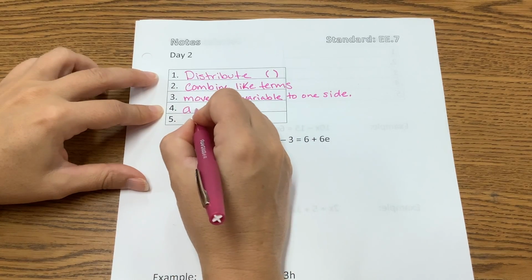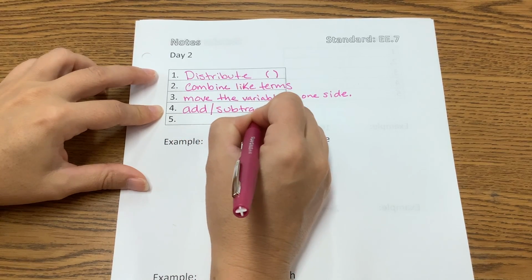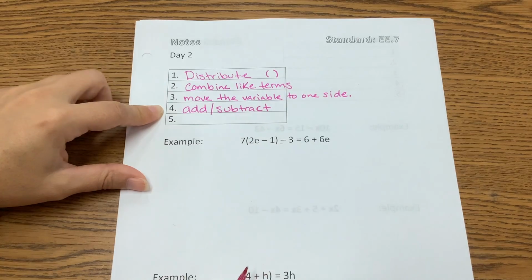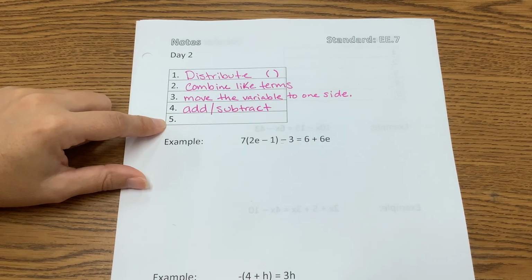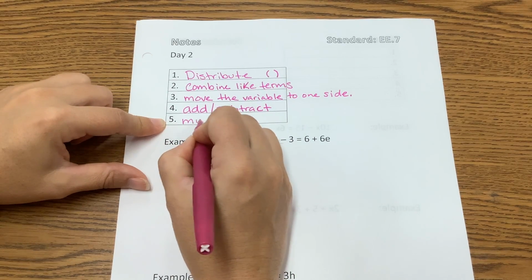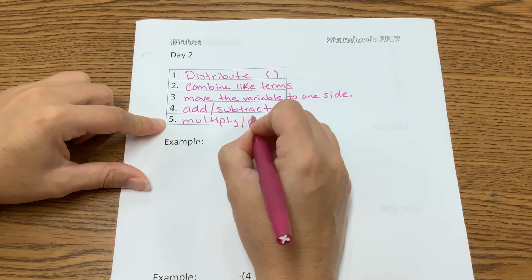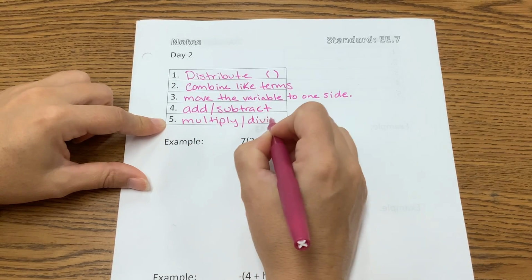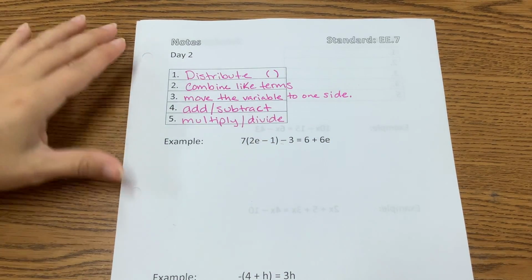Add or subtract. Check to see what you need to add or subtract for the constants. We're trying to get the variable alone, so we'd move the constant away from the variable. And what's our final step usually? Multiply or divide. So our final thing is to isolate that variable by performing multiplication or division by whatever coefficient is with the variable.